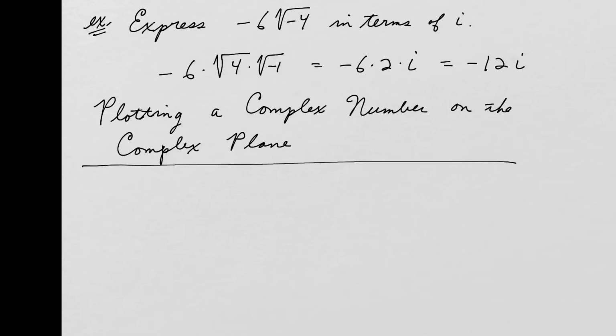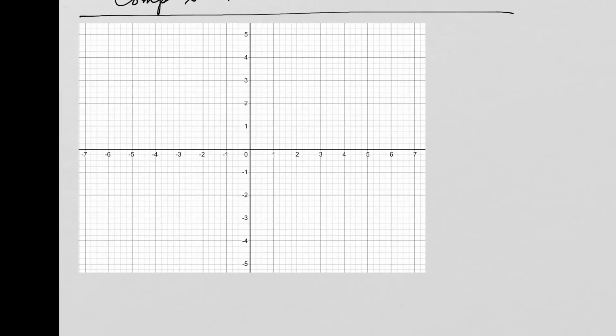All right, so there's my Cartesian plane. Remember, this is the x-axis. And instead of y, think of this as the iy axis when we're talking about the complex plane. By the way, this is also called an Argand diagram.